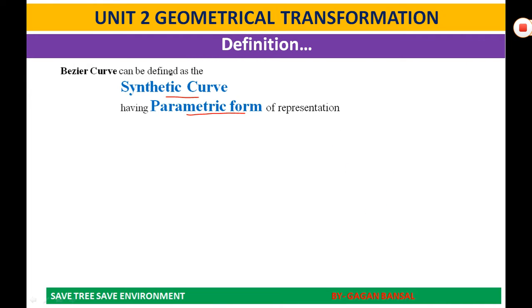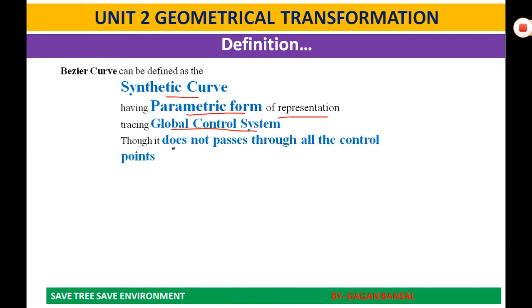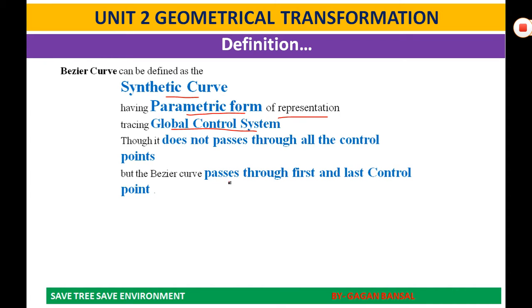So Bezier curve can be defined as the synthetic curve having parametric form of representation, tracing global control system, though it does not pass through all the control points, but the Bezier curve passes through first and last control point.